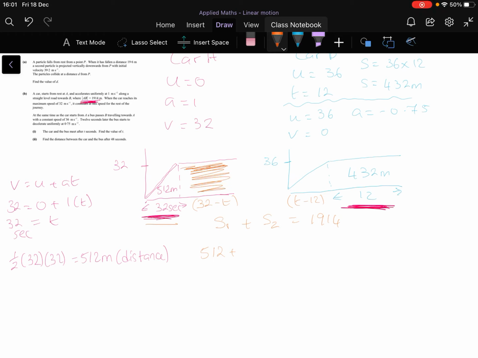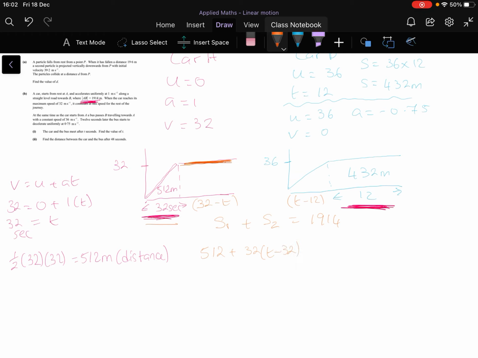Now there's several ways to find that distance, but because it's constant and there's no deceleration here, the easiest thing to do is to multiply 32 by this, and that will get me the distance under that curve. So I'm going to use the area formula. That's 32 multiplied by t minus 32.